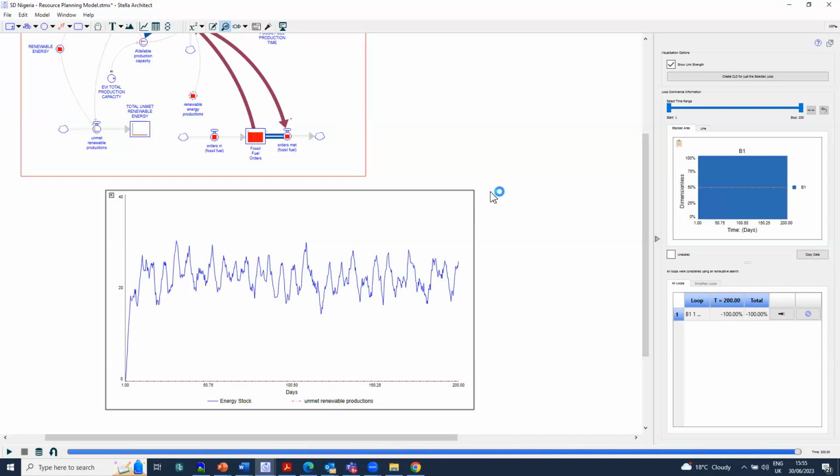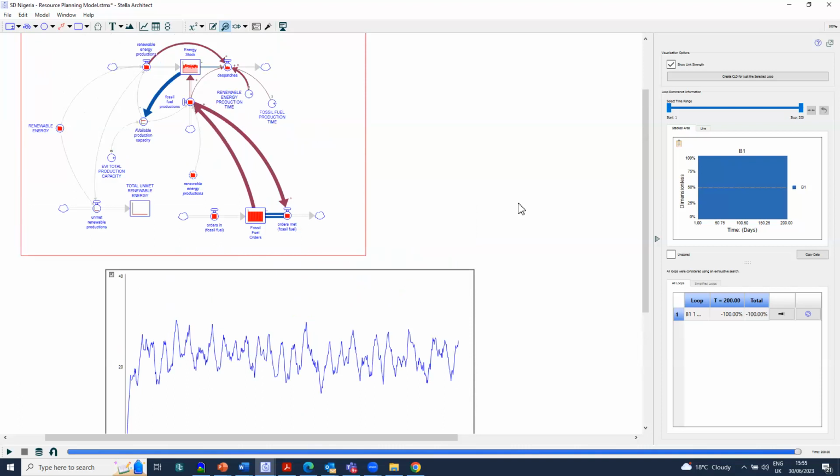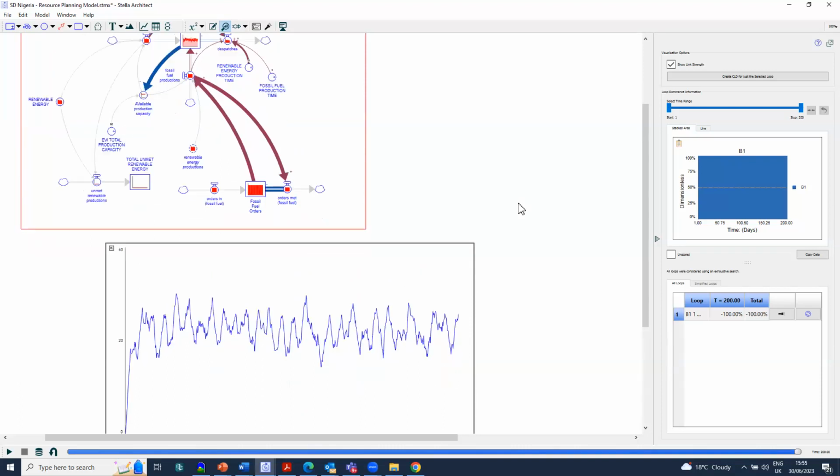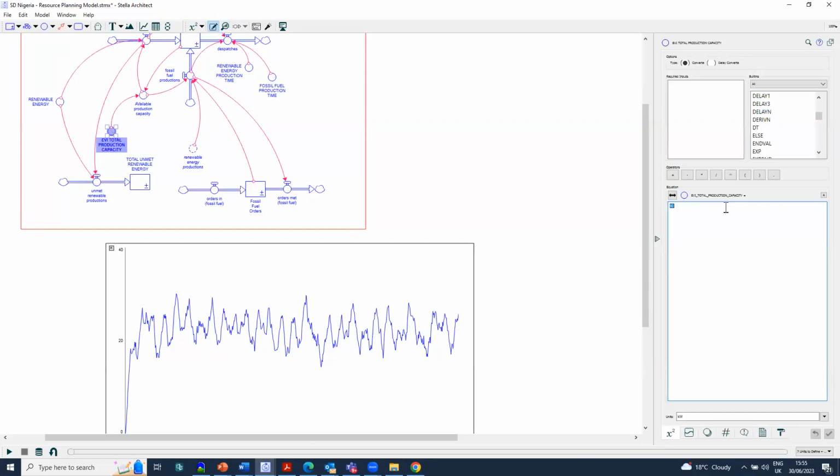So if you want to increase your total output, what do you think we need to do? What needs to be done? What would you do? Let's hear from you.